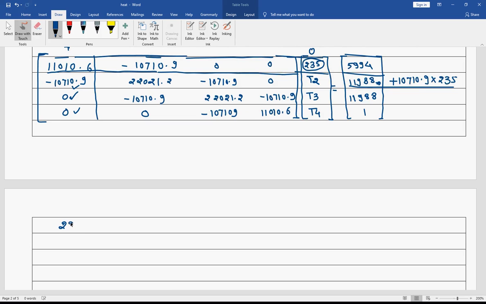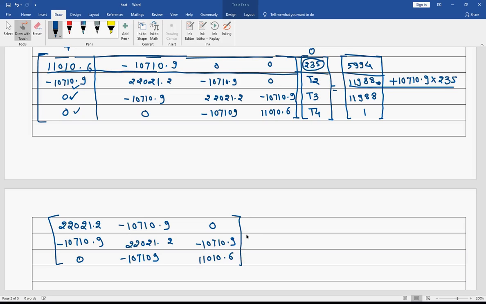I'm writing this: 22021.2 minus 10710.9, 0 minus 10710.9, and this will be 22021.2 minus 10710.9, and I'll have 0 here, minus 10710.9, 11010.6.